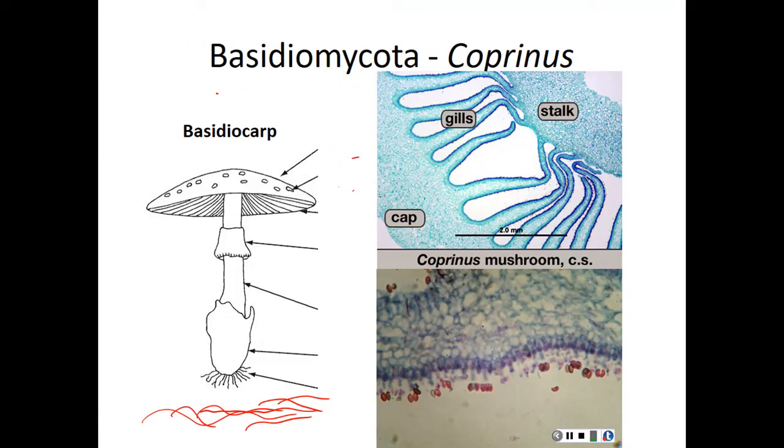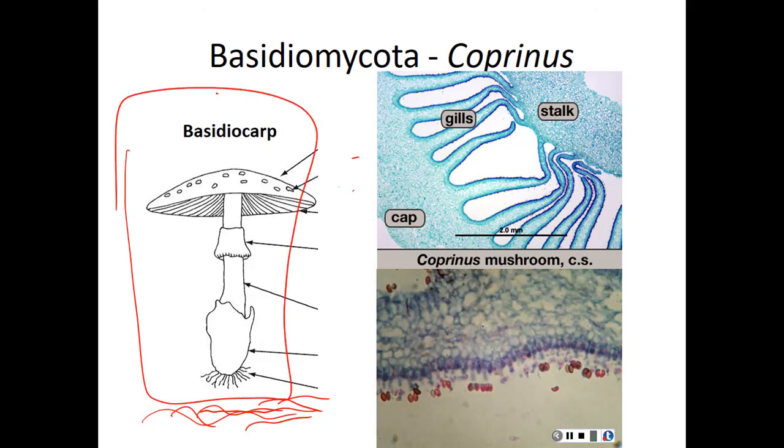So most of the fungus is underground as this tangled mat of hyphae known as the mycelium. But when it's ready to reproduce sexually, it sends up a fruiting body that in the Basidiomycota is called the basidiocarp, aka a mushroom.